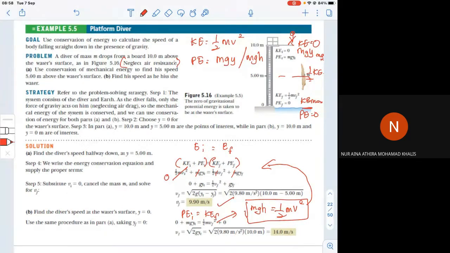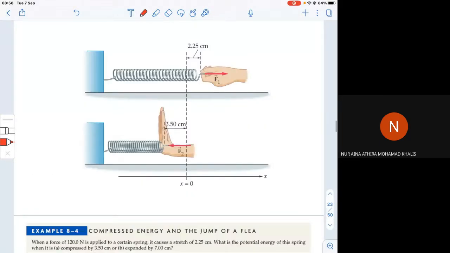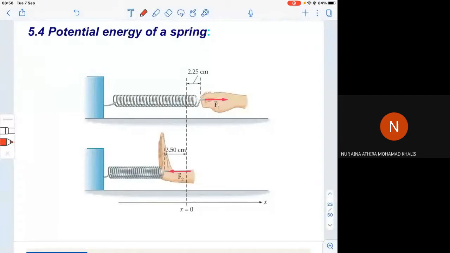Okay, now let's look at another example. But this one, I want to just highlight the potential energy of a spring.